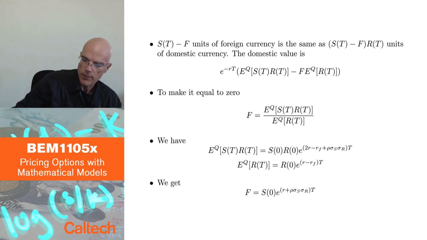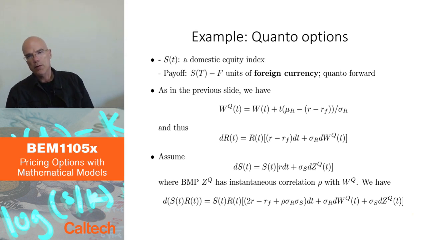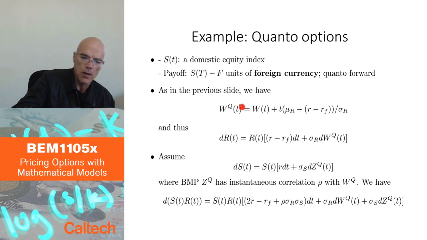So I go back to the previous slide where that is computed. We already know, from what we just did, how dW^Q looks like. It looks like this. I replace dW by dW^Q using the formula I wrote in red in the previous slide.